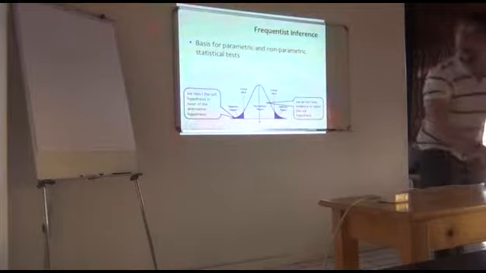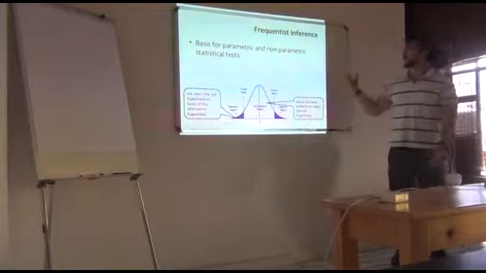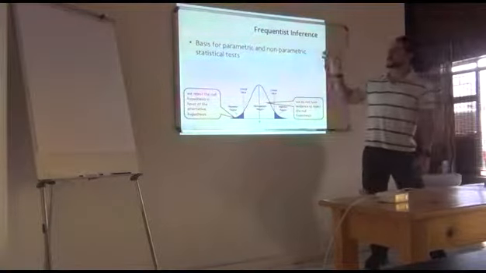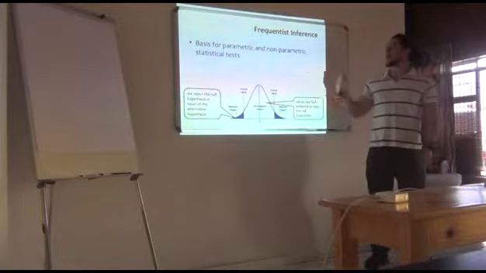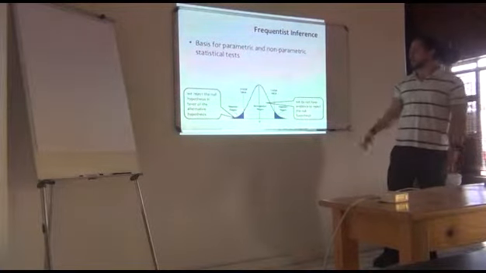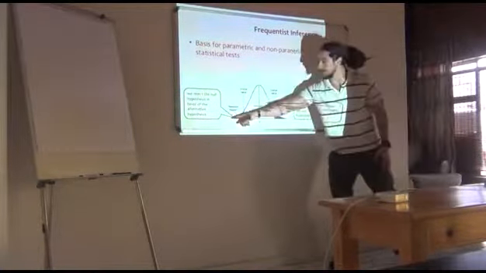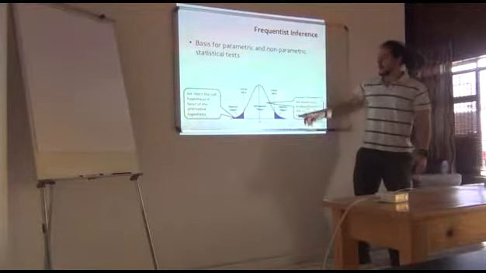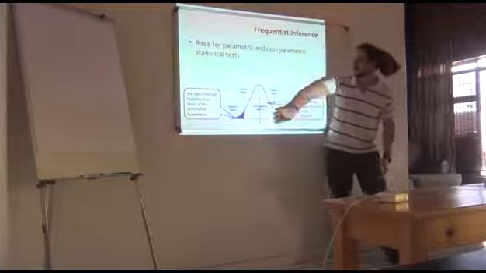So the frequentist inference. This is the basis for any statistical test, either parametric or non-parametric. So we have a distribution here. It could be a theoretical distribution, and we have different regions on that.